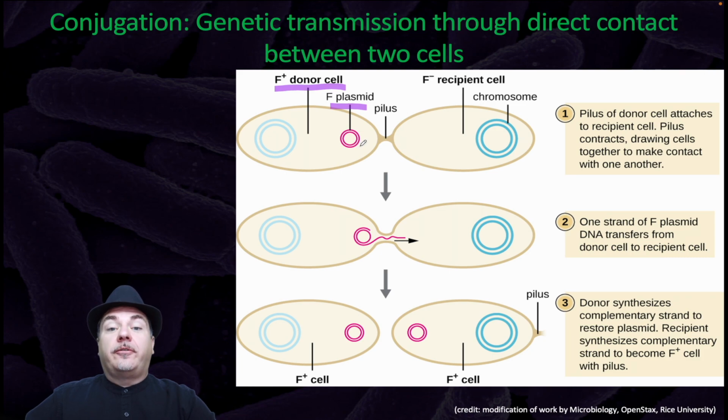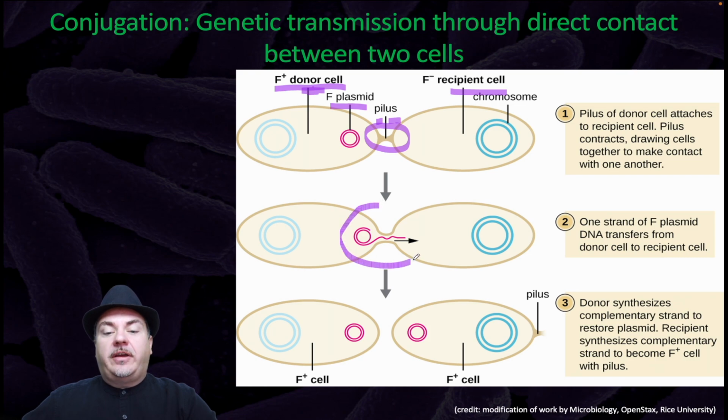F stands for fertility. The F plasmid will allow creation of a pilus or sex pilus, which is a tube joining 2 bacteria cells. So the pilus of the donor cell attaches to the recipient cell. The pilus contracts, drawing the cells together to make contact with one another. Then one strand of the F plasmid DNA transfers from the donor cell to the recipient cell.